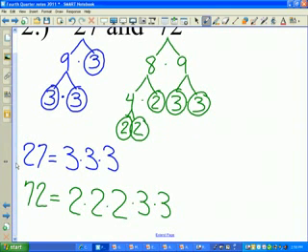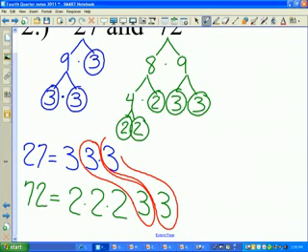What do you notice? Well, I notice right away that I have one set of 3's and they have another set of 3's in common. Yes, they're not lined up, but we're not looking for what's being lined up. We're looking for what they have in common.